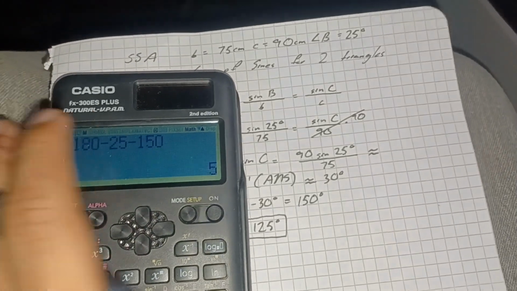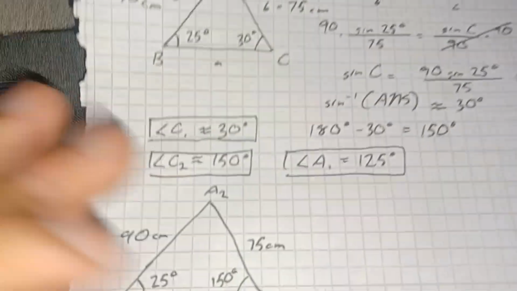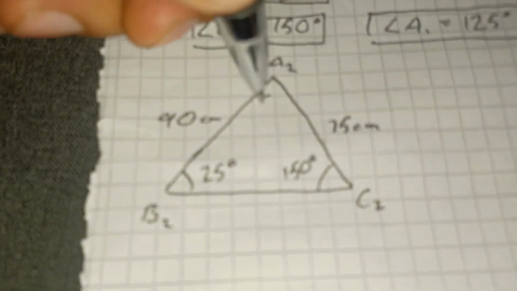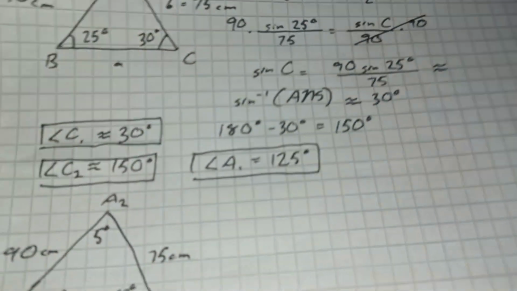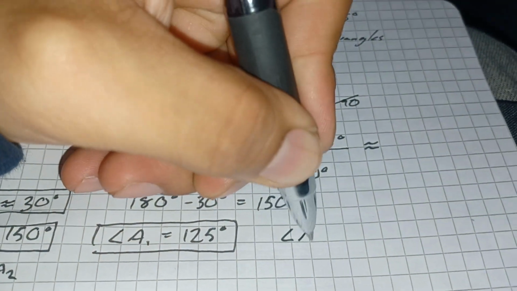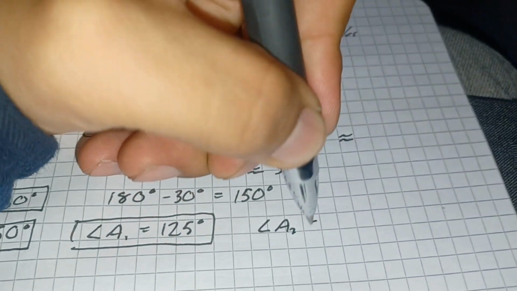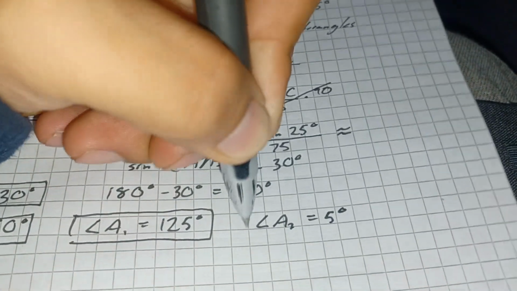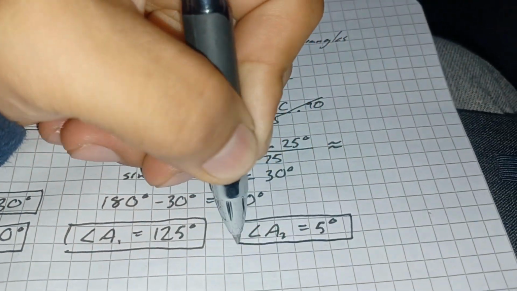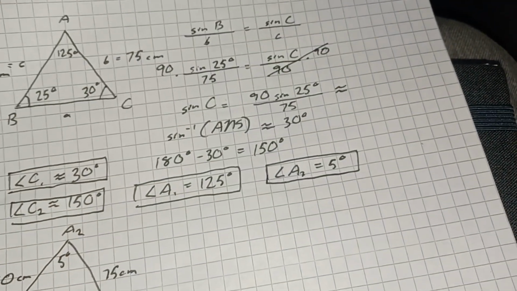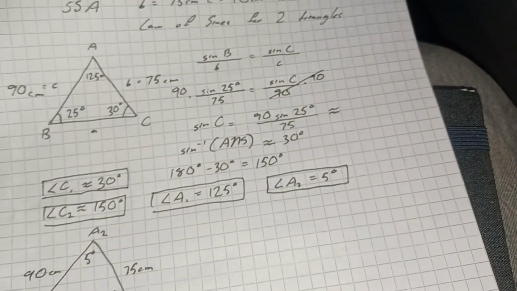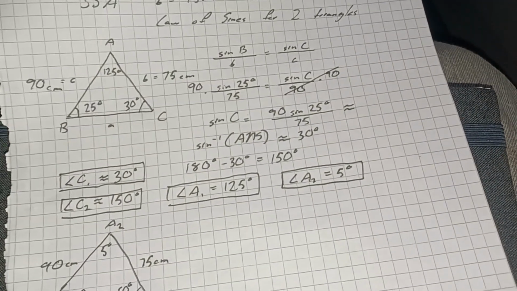We have 5 degrees. So angle A2 is going to be 5 degrees. Let's label it right here. Angle A2 is equal to 5 degrees. This is an approximation, but just for the sake of this example, we're saying it's equal to. Let's just keep it at whole numbers to keep it simple and straight to the point.